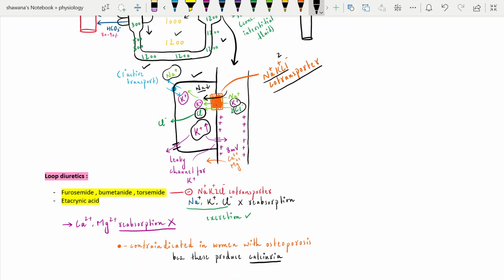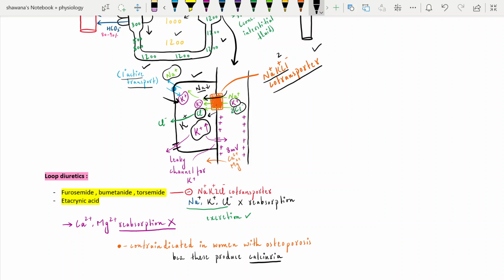But there is something very important in the case of potassium. Potassium is increasing in a very dangerous amount inside the cell, because the sodium potassium ATPase is transporting potassium in, and the sodium potassium 2 chloride cotransporter is also transporting potassium into the cell.